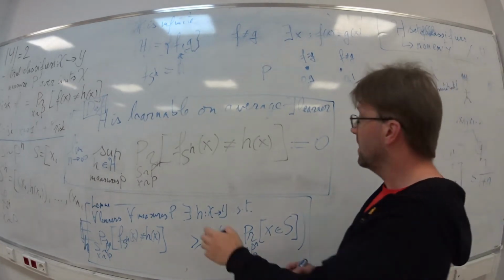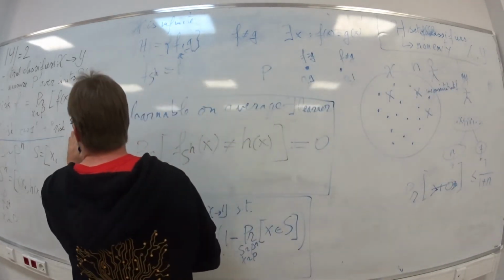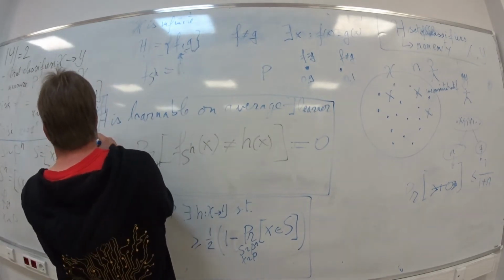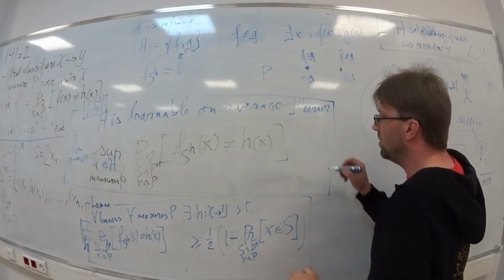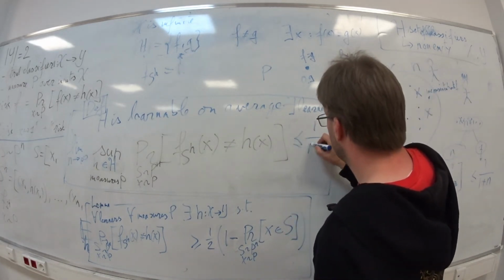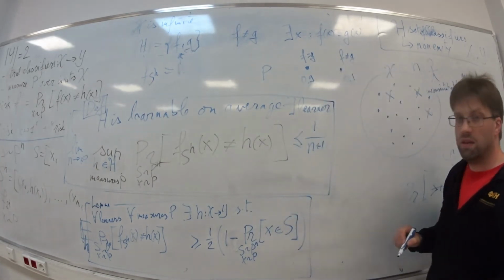So if we take away the limit for now, we see that this is bounded by 1 over n plus 1.